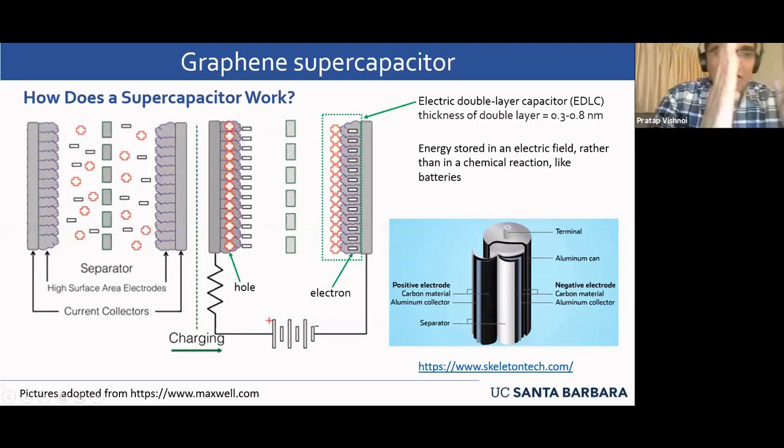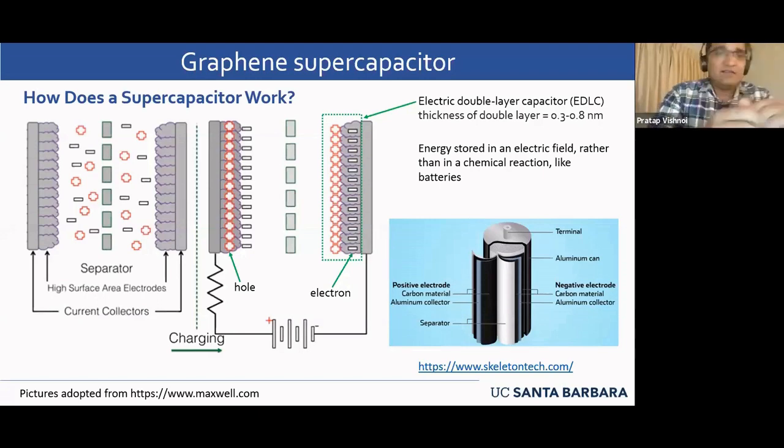What you do is coat a graphene layer here, also coat a graphene layer here, and put a separator in between. You can use the same separator as in a lithium-ion battery, and also put not too much electrolyte in between, and then bring them as close as possible, but make sure that your separator is nice, with no fault in it. It should not cause a short circuit.